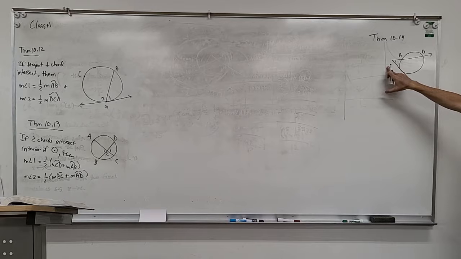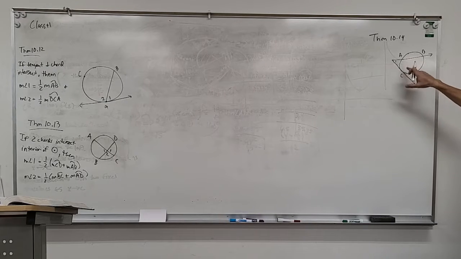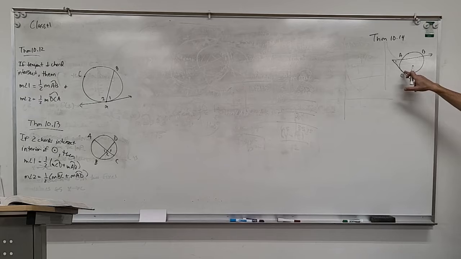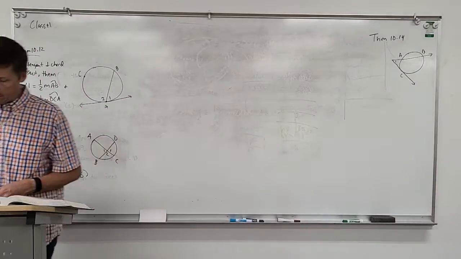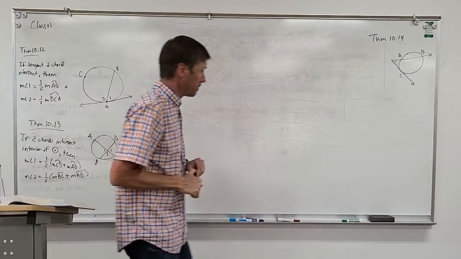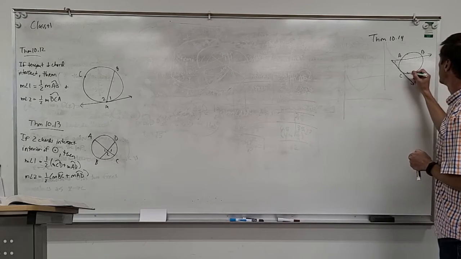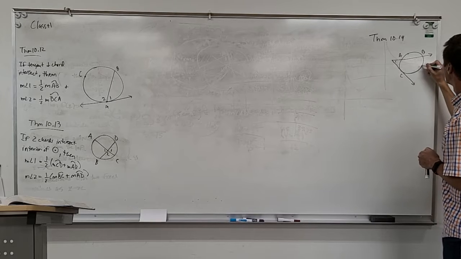But there's a relationship between the arcs. Let me see if I can use different colors to label these a little better. And all of these are very similar, even though some of them have two tangents.